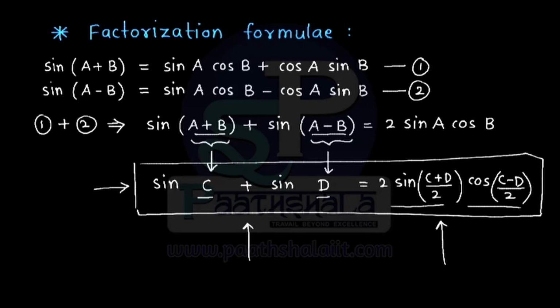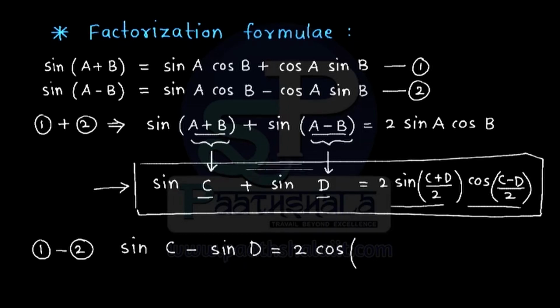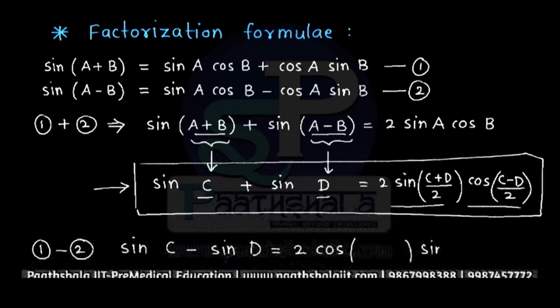Now instead of adding the two equations, if we had subtracted them, we would have got sine c minus sine d equal to, on similar lines, the only change being that instead of the sine cos order we get the order of cos and sine, the angles remaining the same.